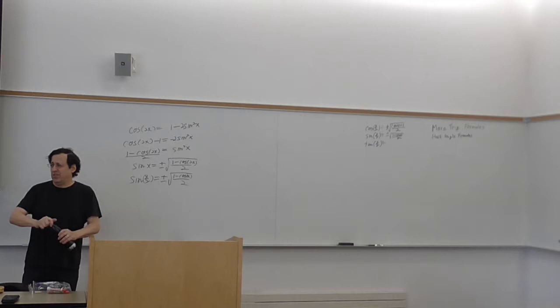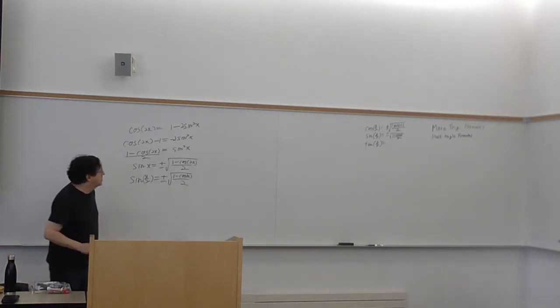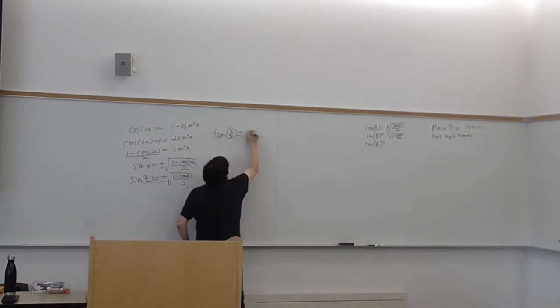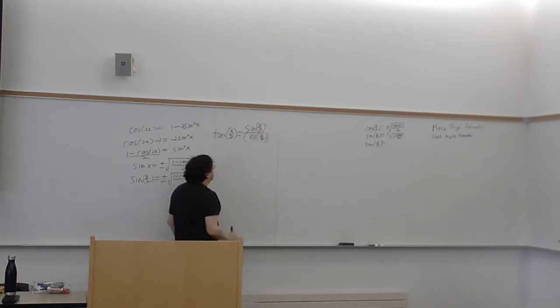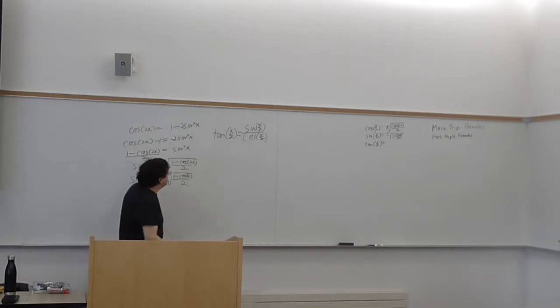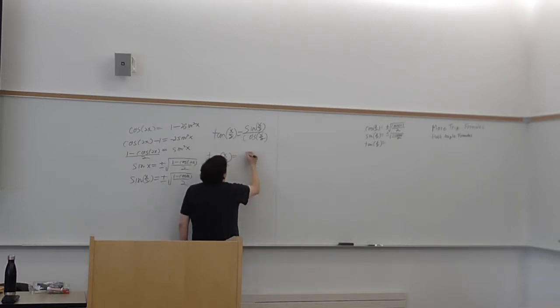Tangent, it's kind of more obvious how we would find the tangent. The tangent of x over 2 we know is just the sine of x over 2 over the cosine of x over 2. But we've already developed formulas for these two. So we can see that the tangent of x over 2 is going to be what?